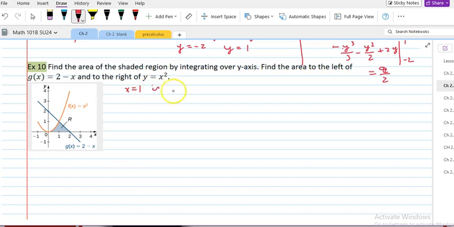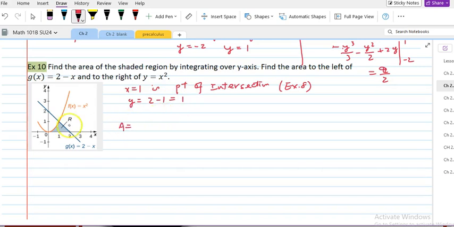We solved it from example 8. What is my y value? My y value would be 2 minus 1, which is equal to 1 also.